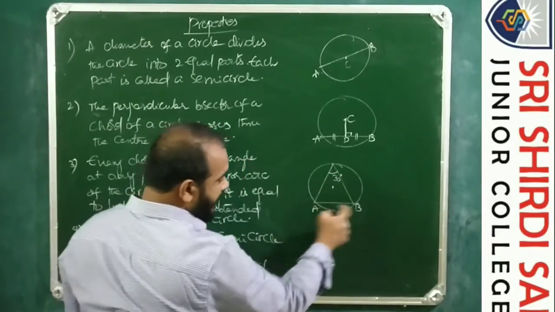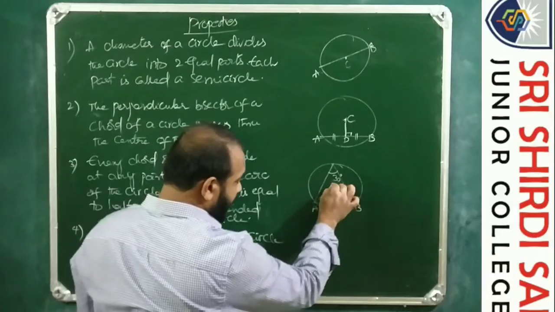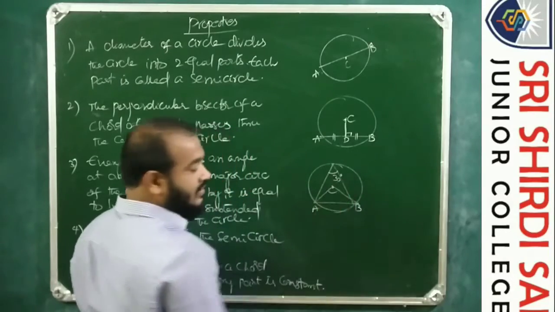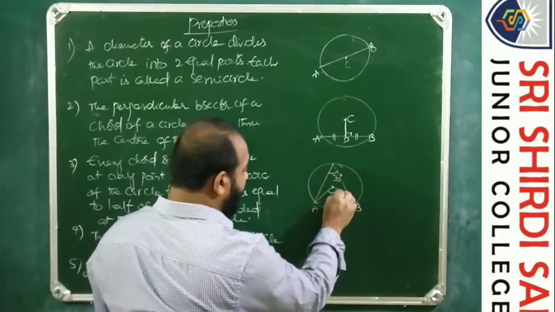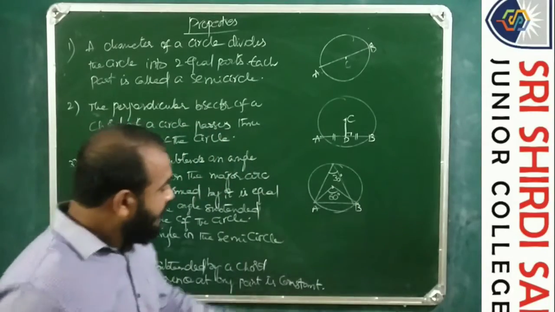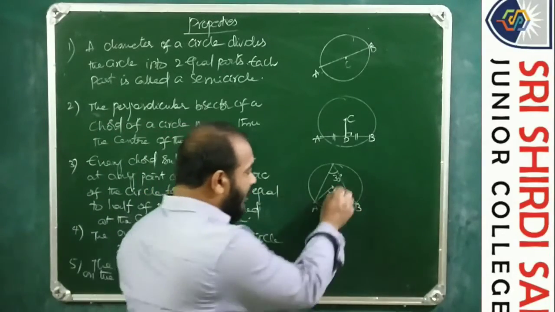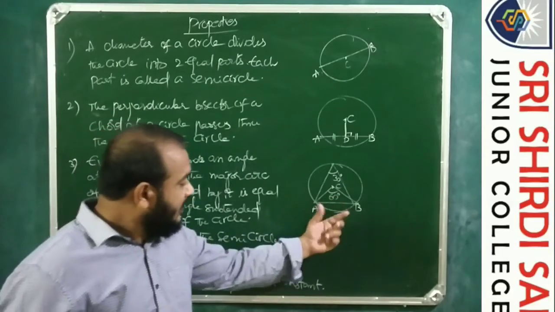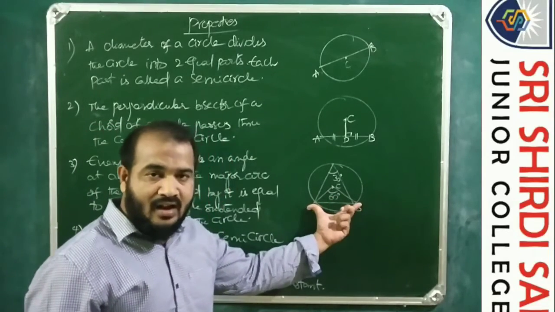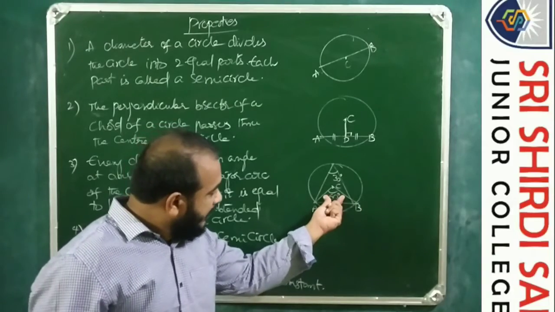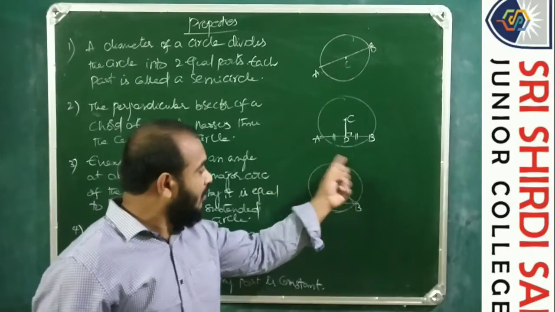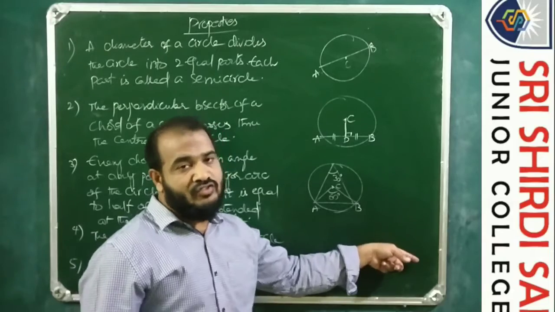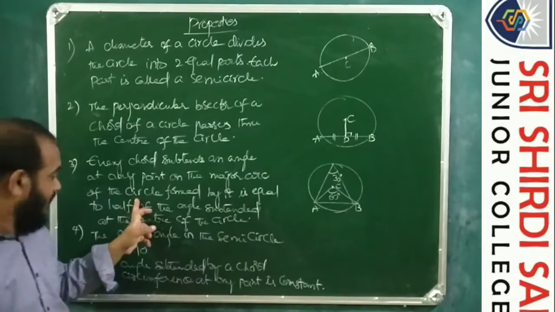Then the same AB subtends double the angle at the center of the circle. It will be doubled. Or if AB makes an angle of 60 degrees at the center of the circle, then the same AB makes an angle of 60 by 2, which is 30 degrees, on the remaining part of the circumference of the circle. That is what this property says.